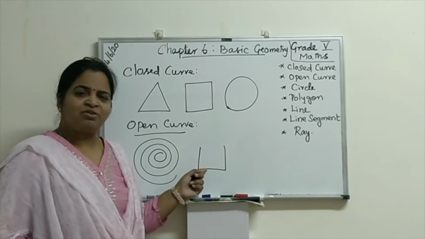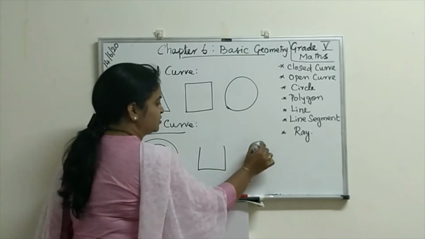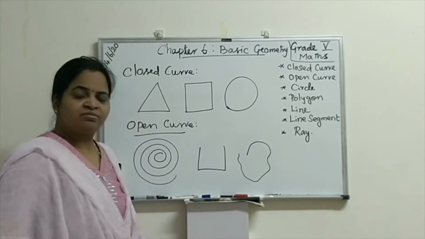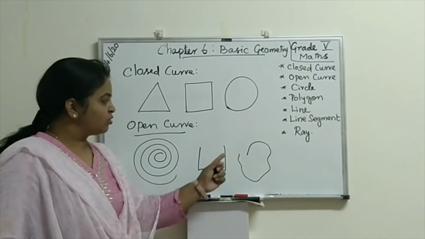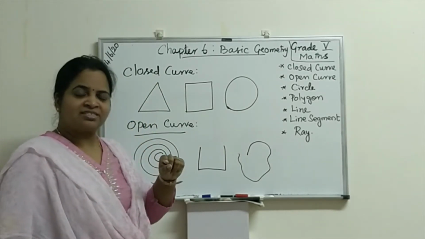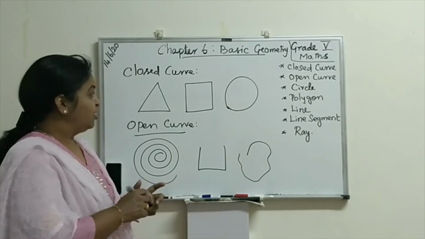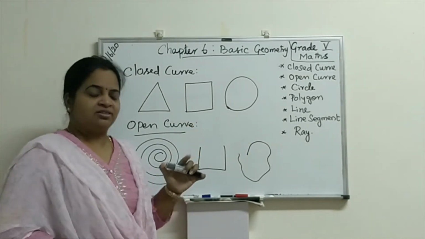Is it a closed curve? No, so it is an open curve. This one, it is an open curve, it's not closed. Okay, so now you understand what a closed curve is and what an open curve is. Okay, we will move to circle.